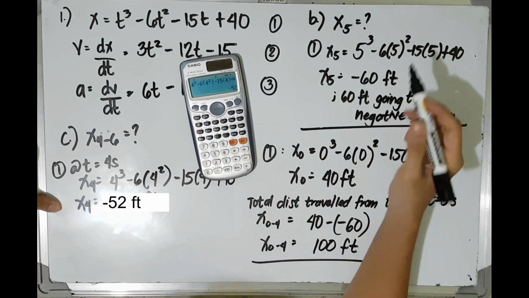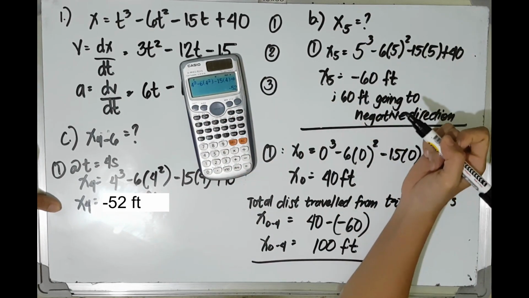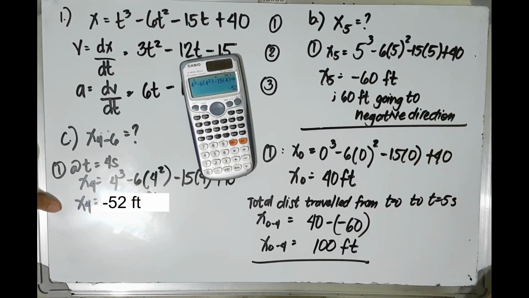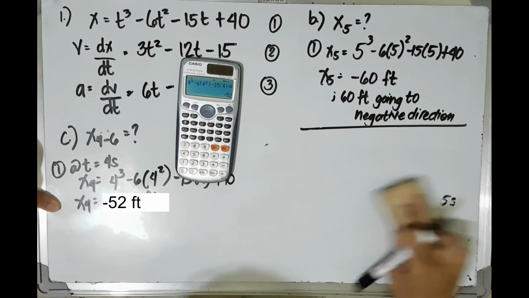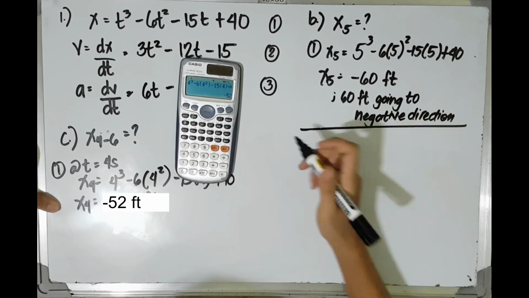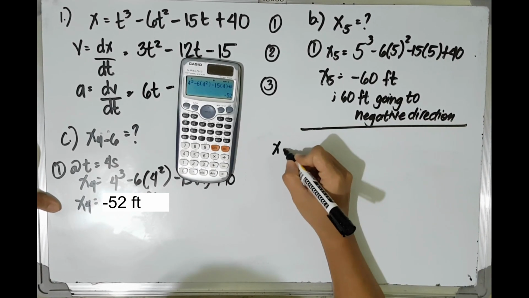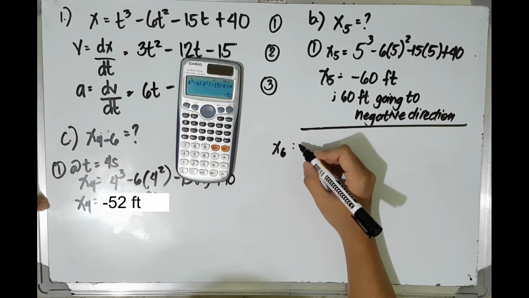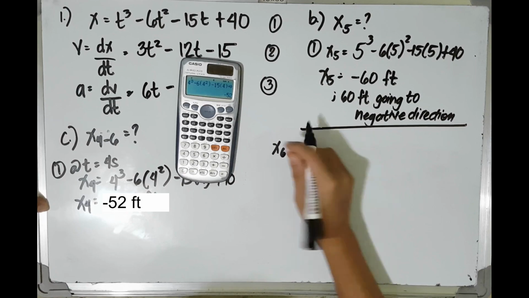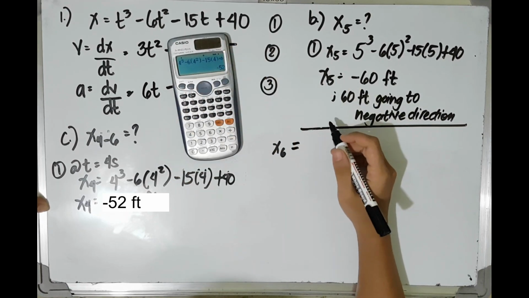We have here the position at the 5th second, which is 60 feet going to the negative direction. So the next thing we will do is to get the position at the 6th second. Same, we substitute in equation 1 the time of 6 seconds.